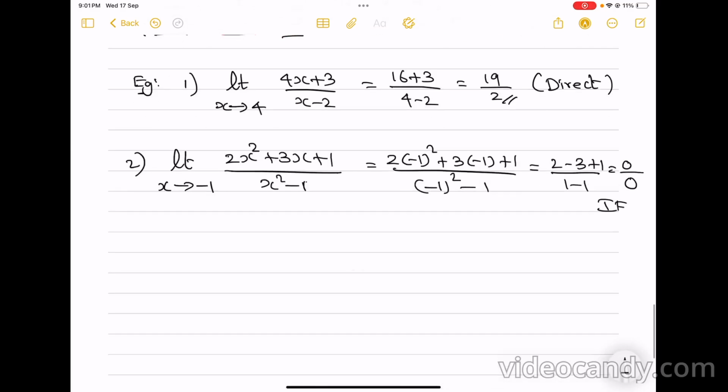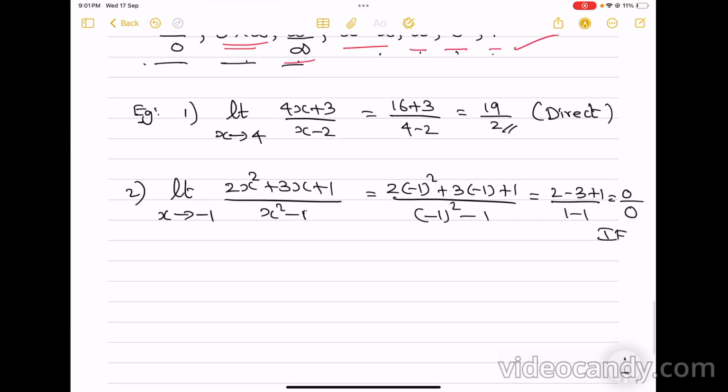Of course you can't do rationalization here. You know that whenever there is an irrational number, we will go for rationalization. So you can do it with the factorization method. Try to factorize the numerator and the denominator. Denominator is of the form a square minus b square, so you can write it as x plus 1 into x minus 1. What about the numerator? How can you factorize? 1 into 2 is the product, 3 is the sum.